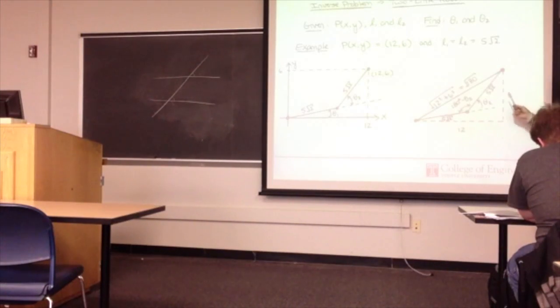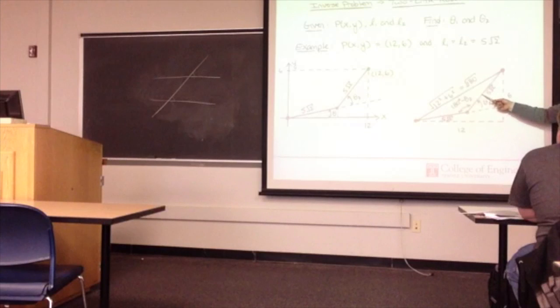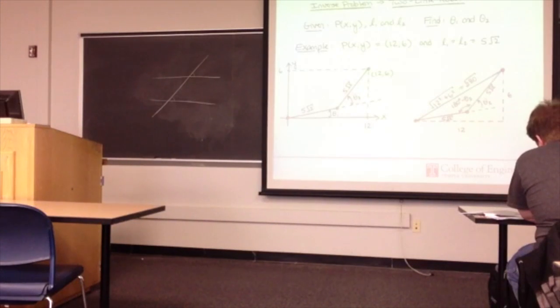So what do I have in this triangle so far? Right, I have that side. Do I have this? And do I have this? So just by observing, this triangle is very specific.